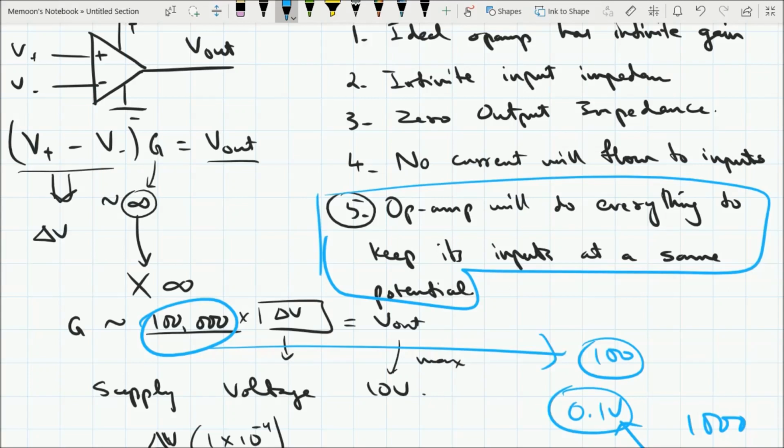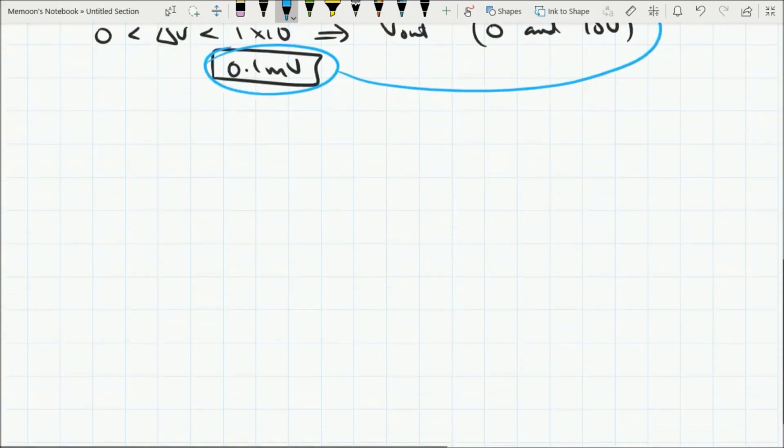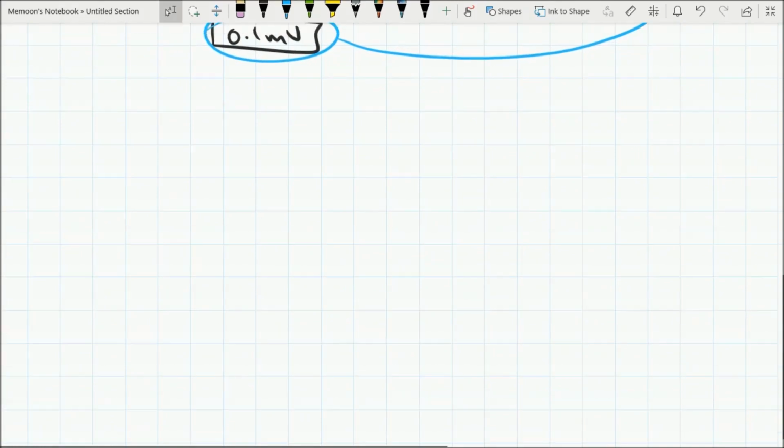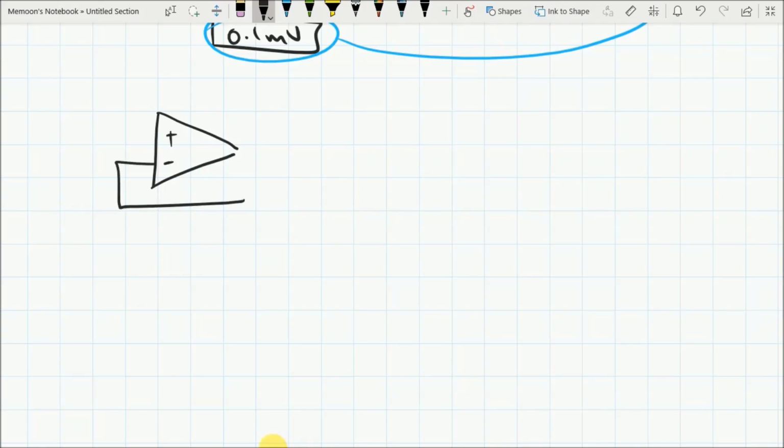What would be the effect on the input voltages, output voltages, and the gain? So let's start with a simple feedback circuit like this, positive, negative. So let me connect my negative input to my output directly, and here is my input V in and V out.